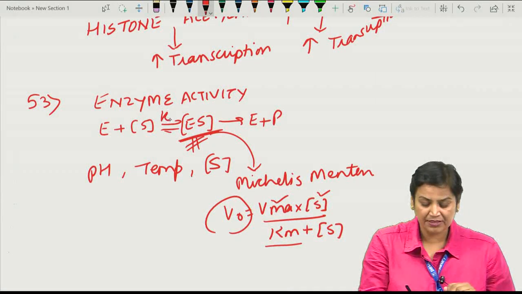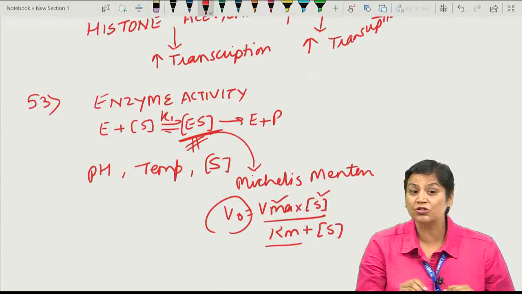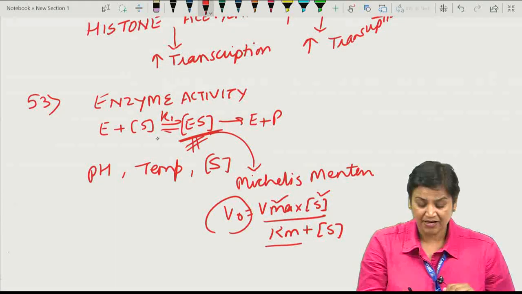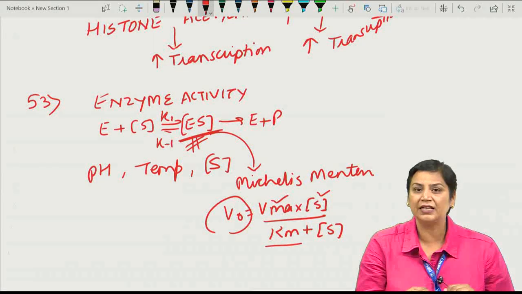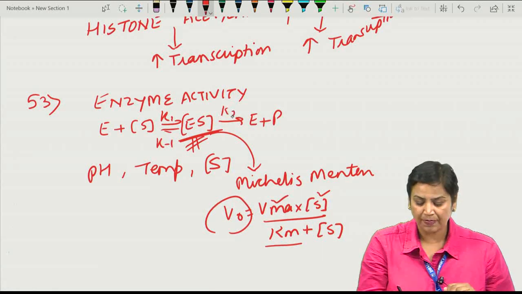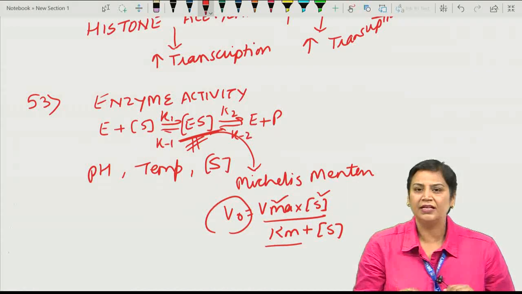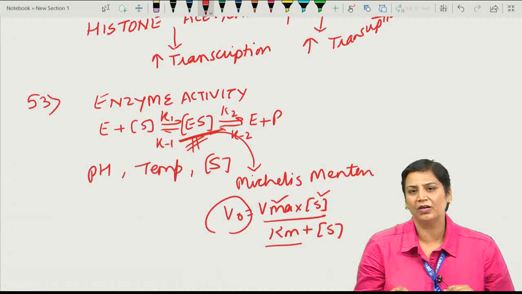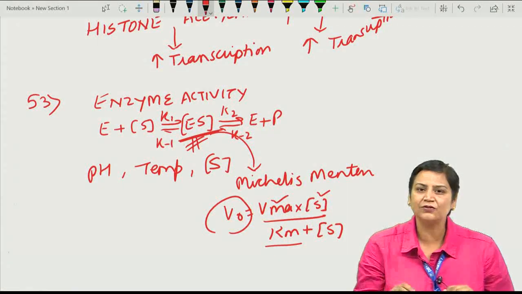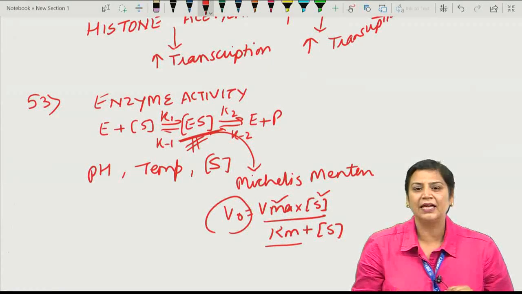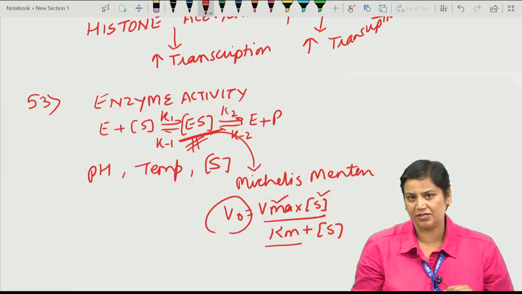Means if this is K1, rate of association to form ES, K minus 1 the dissociation of ES, K2 product formed, and K minus 2 is again the ES which is left over, which is not converted into product. The sum of all these four association and dissociation constants is Km, which is the Michaelis-Menten constant.